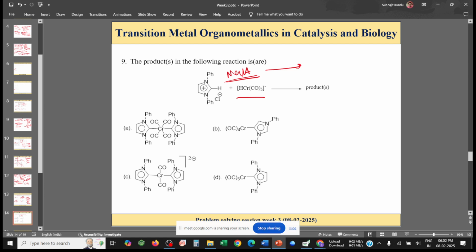So we have seen that if you give sodium hydride, NaH, to this, it will form the isolated carbene.